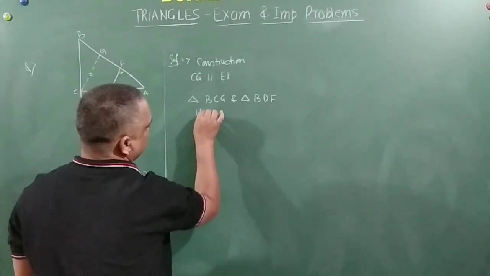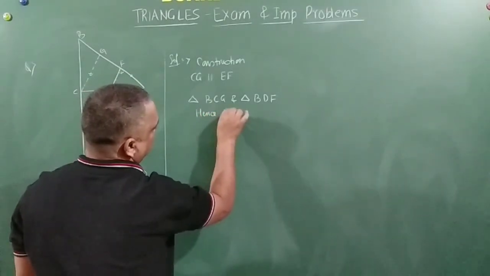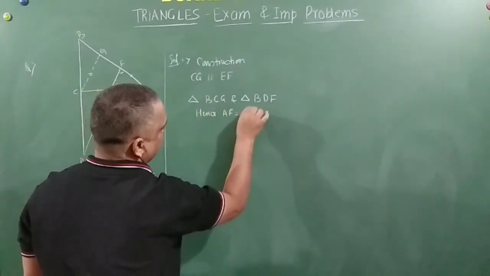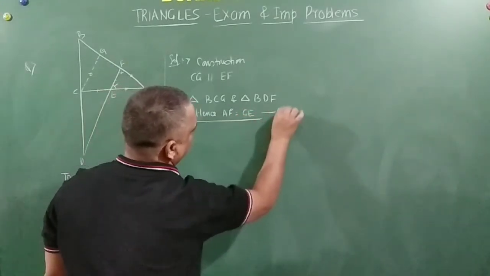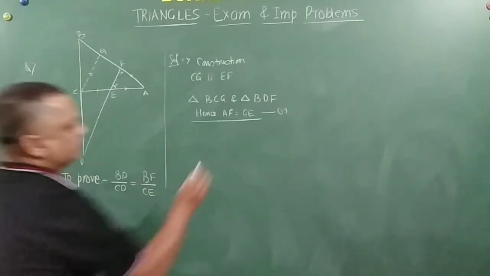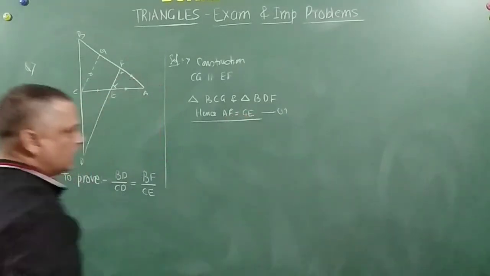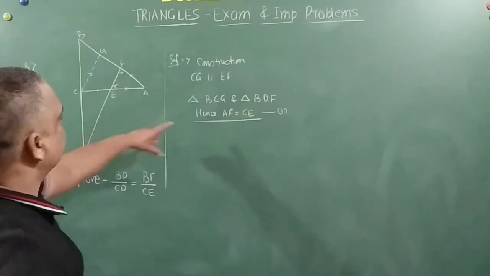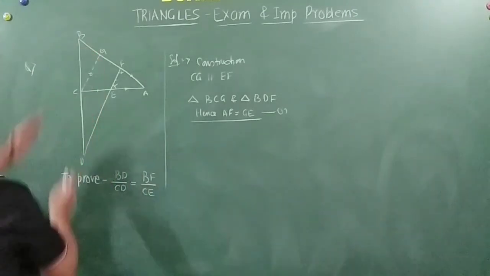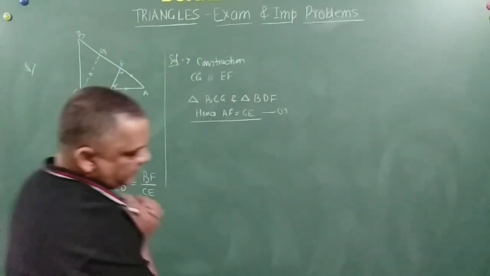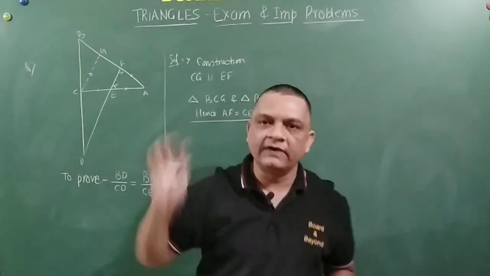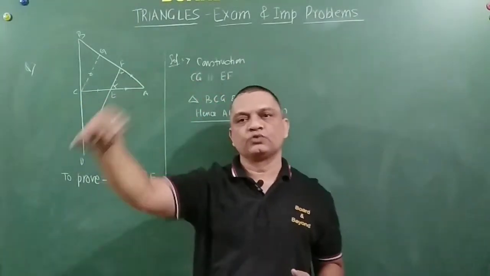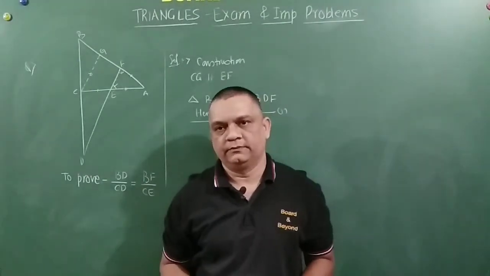Hence, AF is equal to CE. You will need it later. I'll leave it here at this point of time. Now, friends, we have studied a theorem that whenever we draw a line parallel to any one side of a triangle, it divides the other two sides in the same ratio.